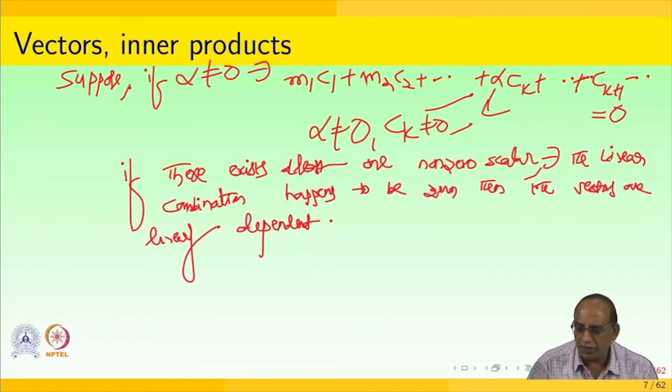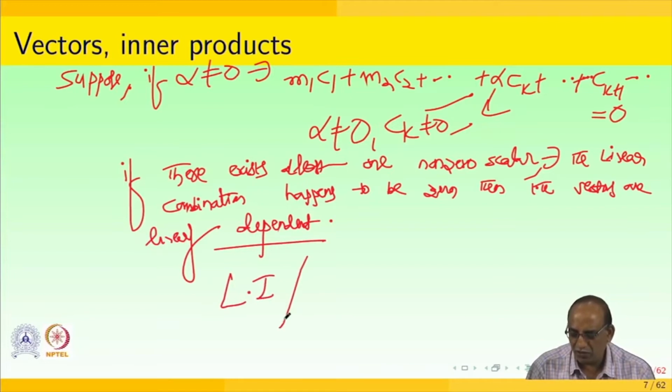So it is very clear from this concept how the vectors are linearly independent, how the vectors are linearly dependent.